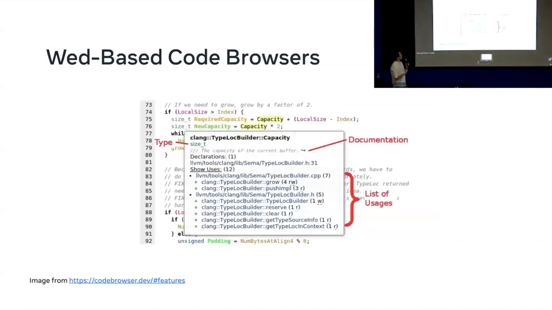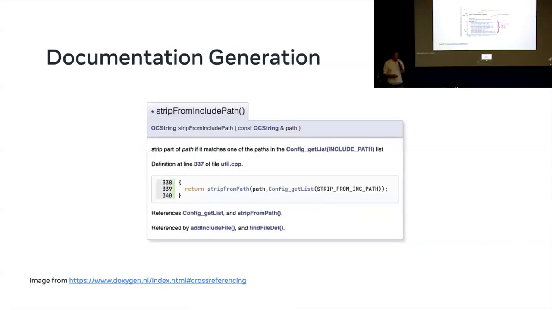There are also tools like web-based code browsers, like they have on GitHub. And this one, for example, is providing information about this capacity variable with its type, corresponding documentation, which is fetched from the header where the declaration is, and a list of references to this variable and stuff like that.